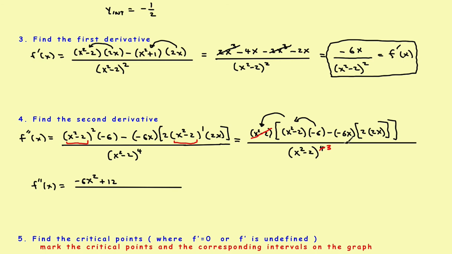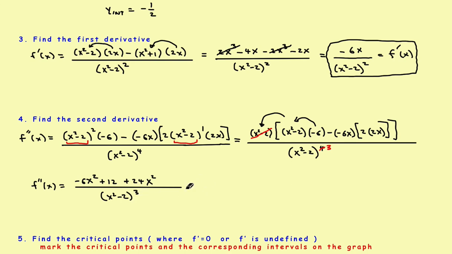Then on this one, I've got actually 2 times 2 is 4 times 6 is 24. That'll make it, 2 negatives make it positive and x squared. So I'll wind up with a positive 24x squared, all divided by x squared minus 2, whole thing cubed.